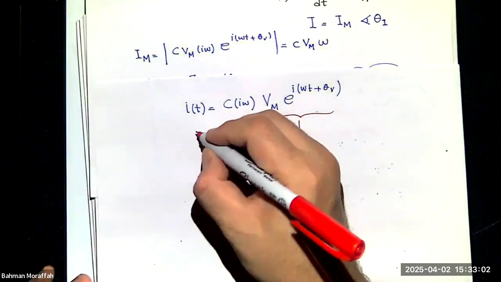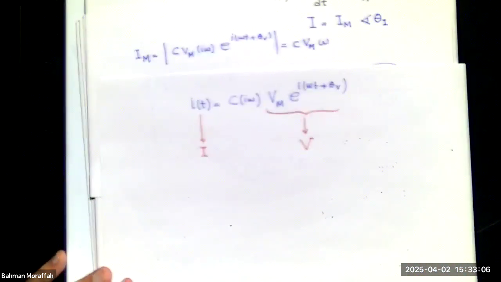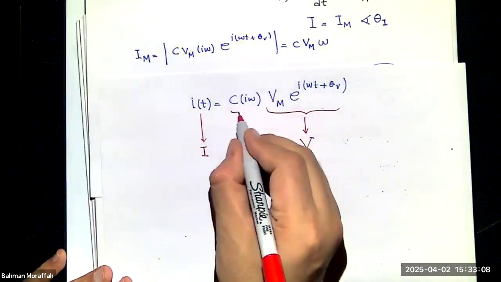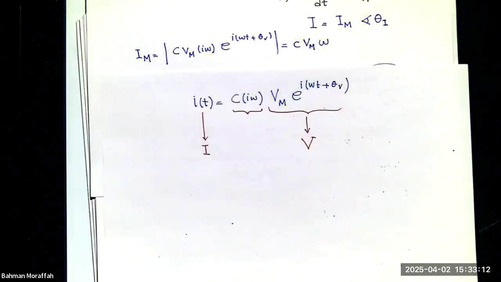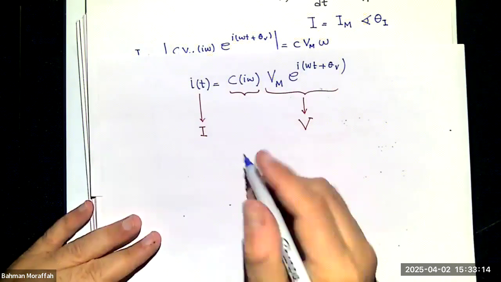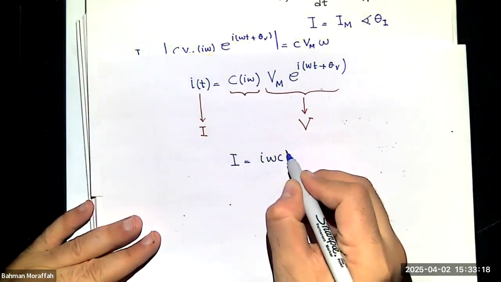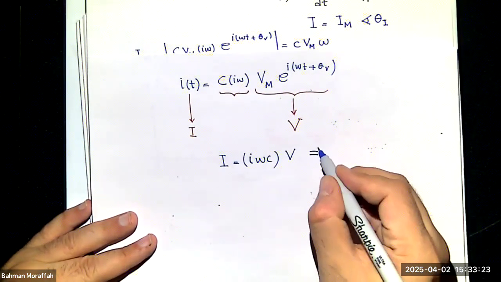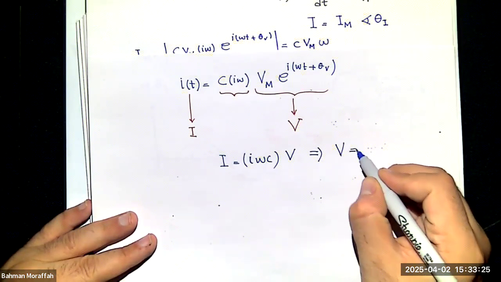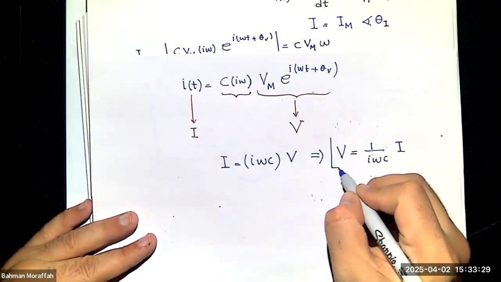I can replace this i by its phasor representation I. But this time, this is going to be my coefficient. So I have this relationship: I equals i omega C times V.